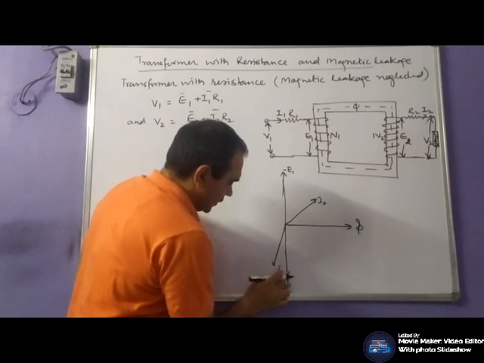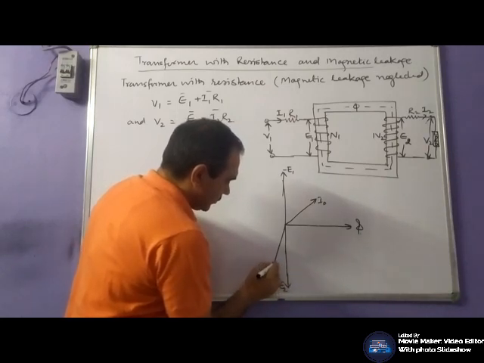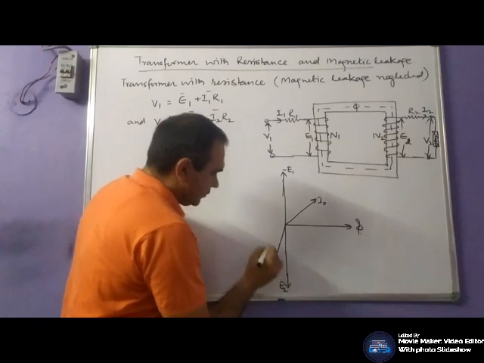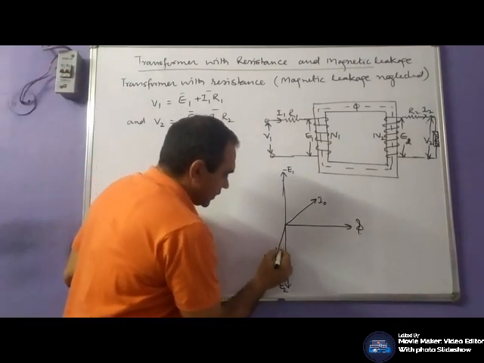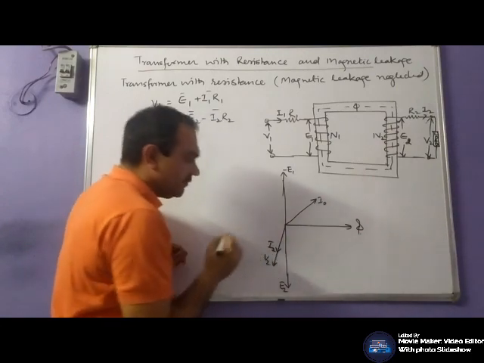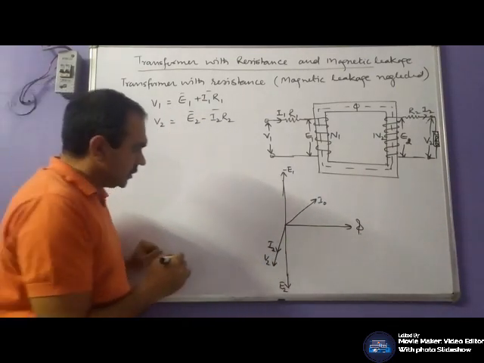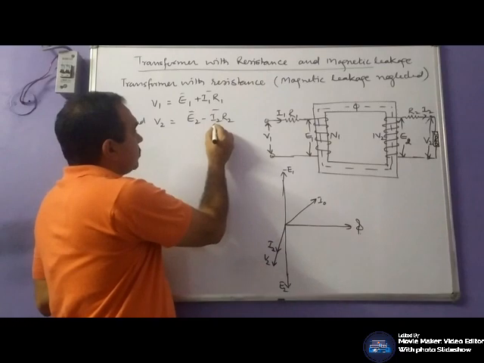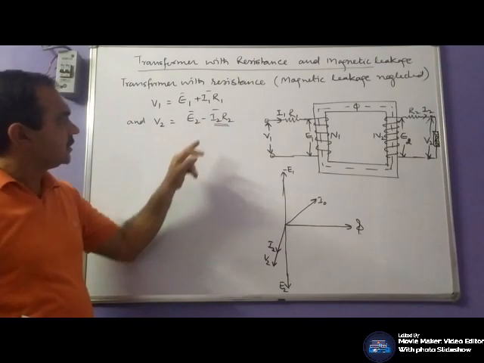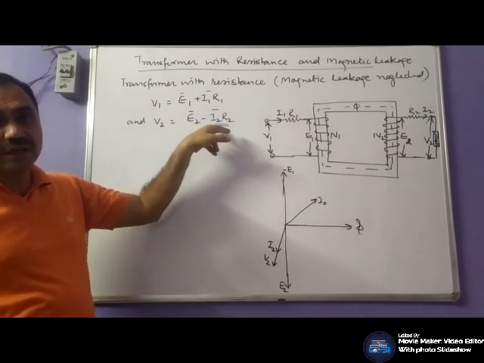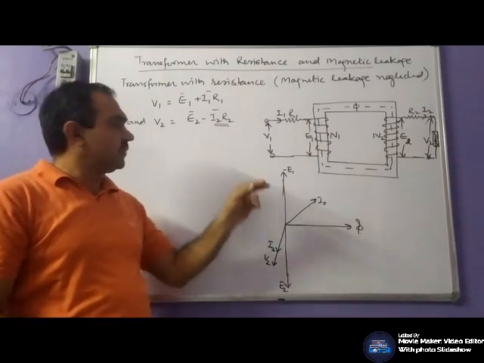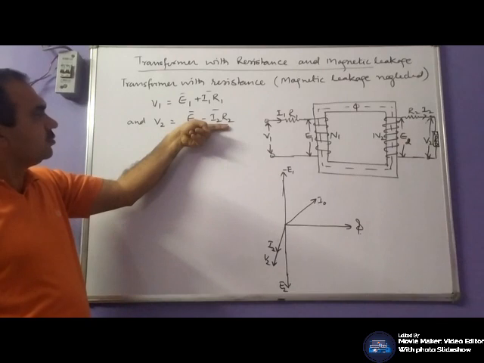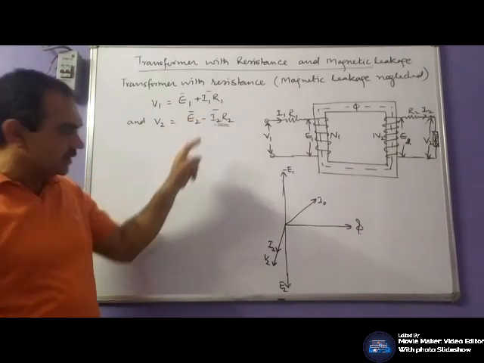Now keep it E2. This is V2, and voltage and current are in the same phase. The drop across the resistance will be in phase with the current I2. In case of pure resistance, voltage and current are in the same phase. The drop I2 R2 and I2 are in the same phase.